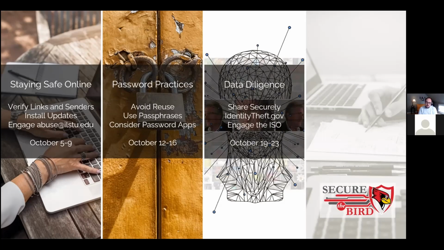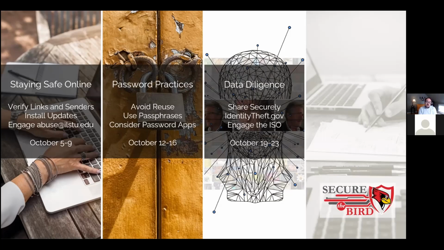In the third week, last week, we focused on data itself and being diligent with data. So, topics such as sharing securely using services like OneDrive that we have with our Office 365 service, or even Send-To, which is a service we run out of Technology Solutions to send files without using email, because email can often be insecure depending on what you need to send.